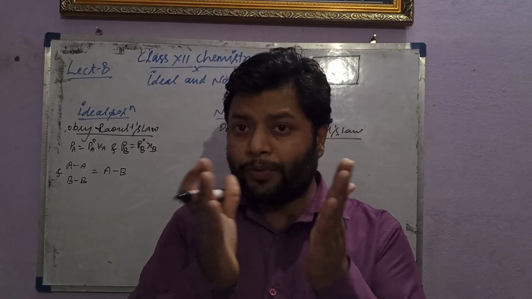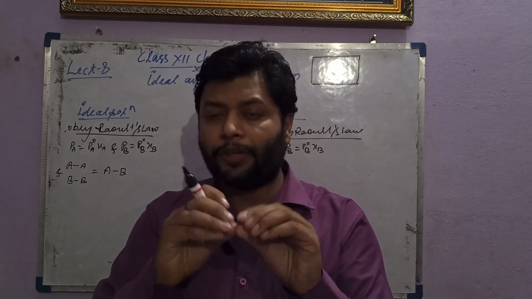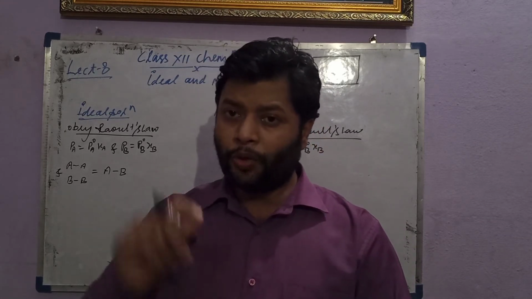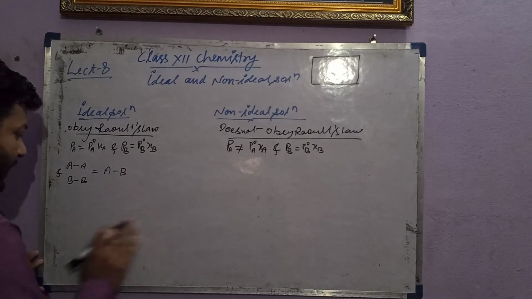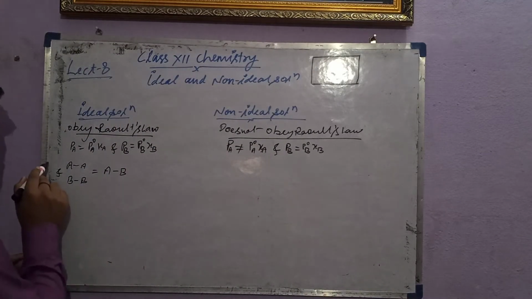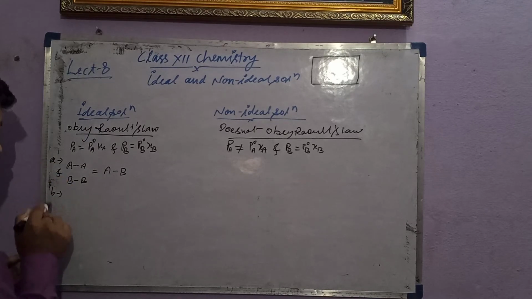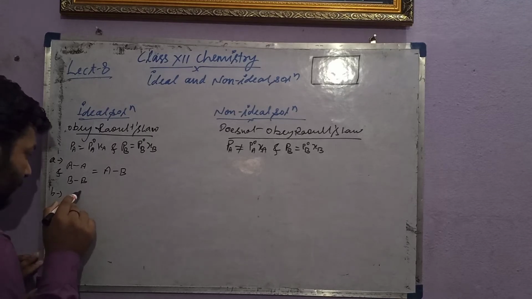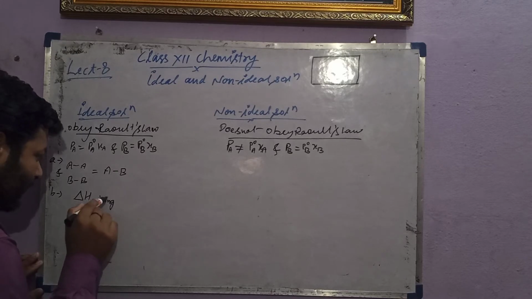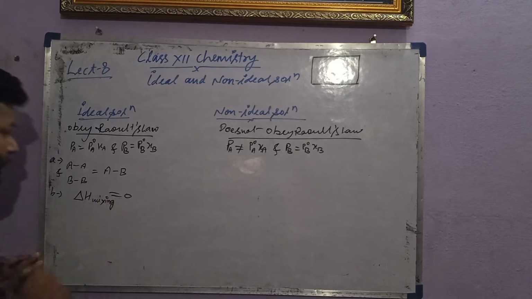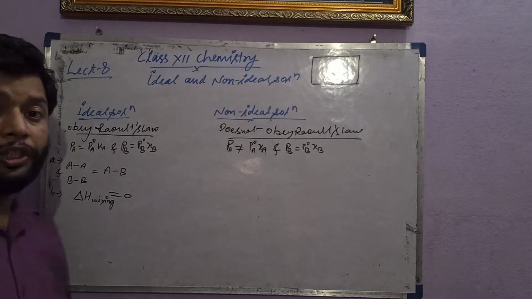If a repulsion force is there, then breakdown of bonds will be there. So always, if the forces are similar, then delta H mixing is equal to 0.